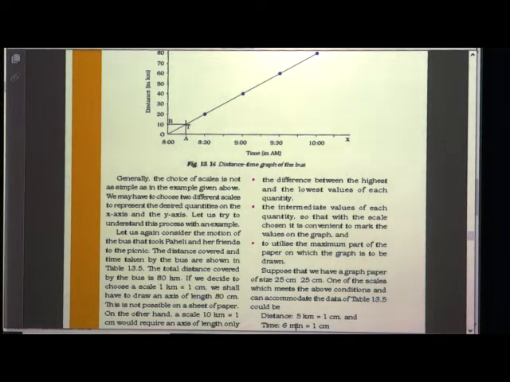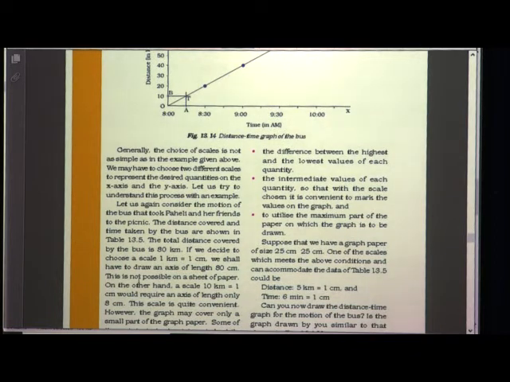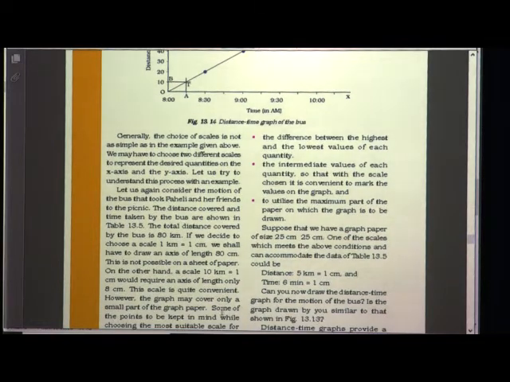This scale we will take for the distance. It would require an axis of length only 8 centimeter, because we know that the graph paper has a y axis of 8 centimeter. Okay, it will require only 8 centimeter. So this scale is quite convenient for us.